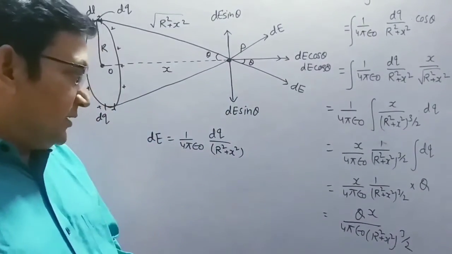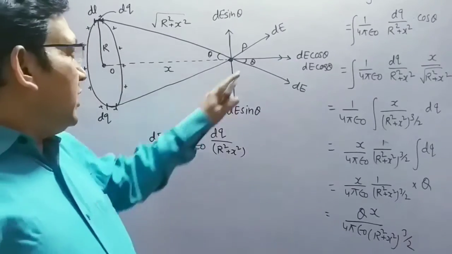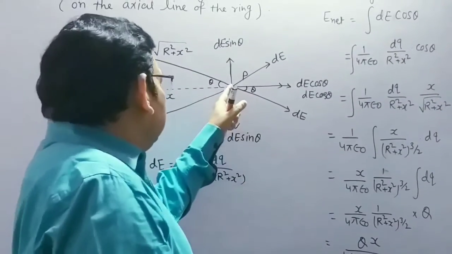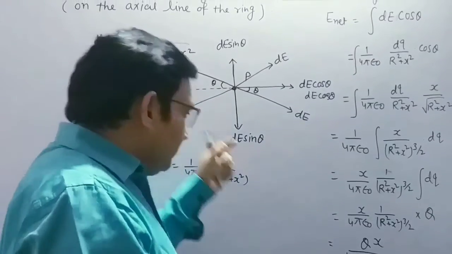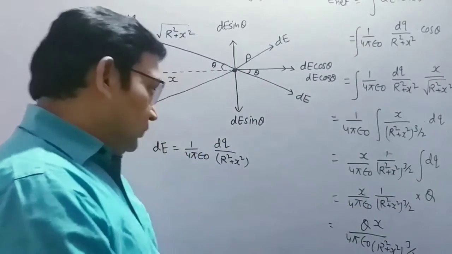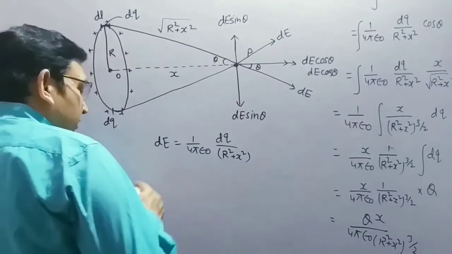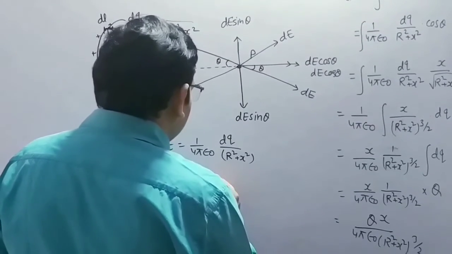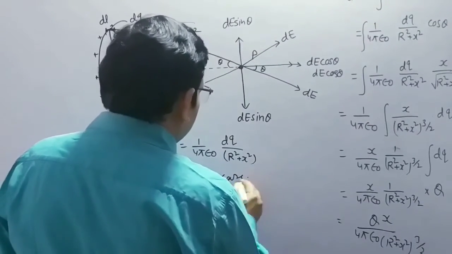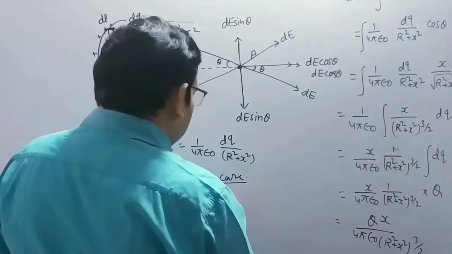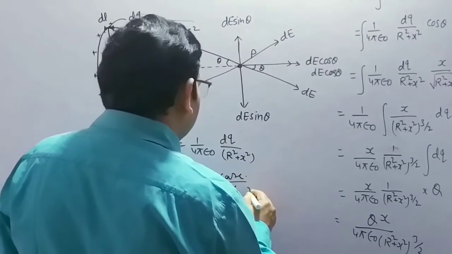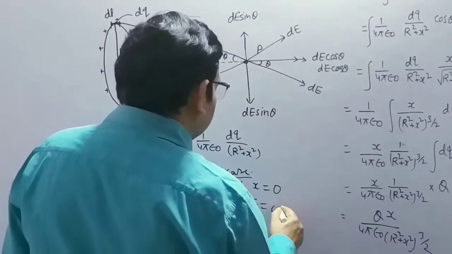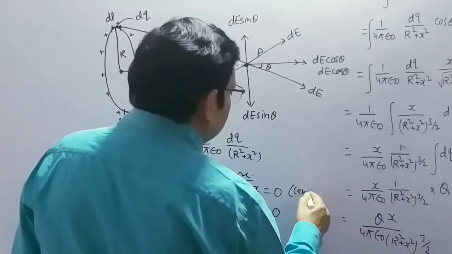Now take some special cases. Suppose that the point P is at the center of the ring. If the point is at the center of the ring, what is the value of x? x is 0. So special case, if x is equal to 0, electric field is 0 at the center.